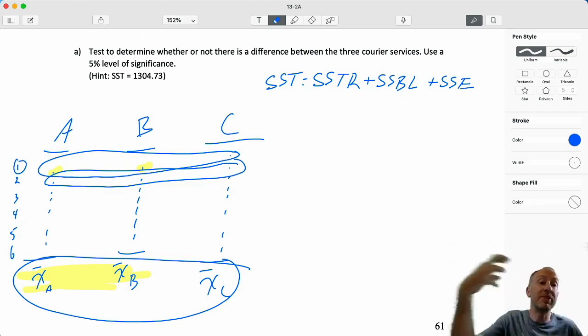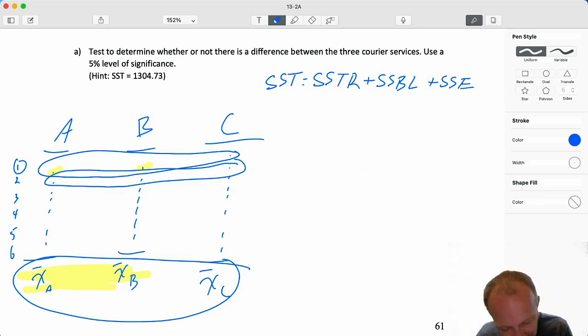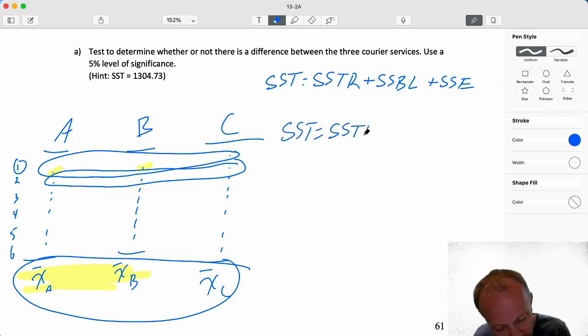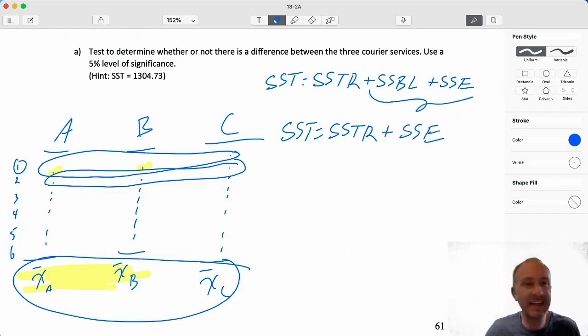By removing that source of noise, and when I say removing it, what I mean is that if we did not account for it, it just gets lumped into SSE.